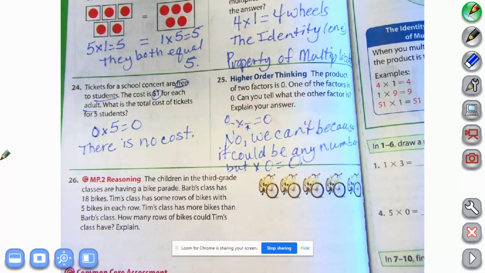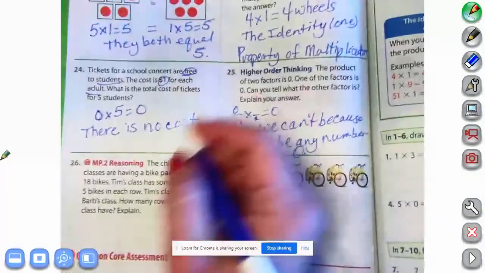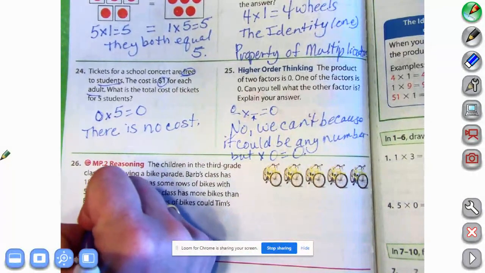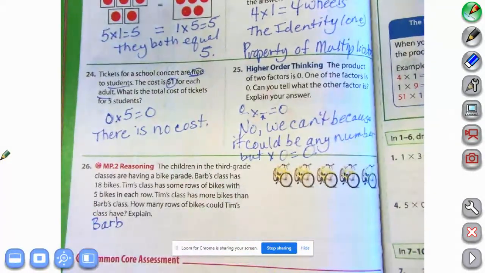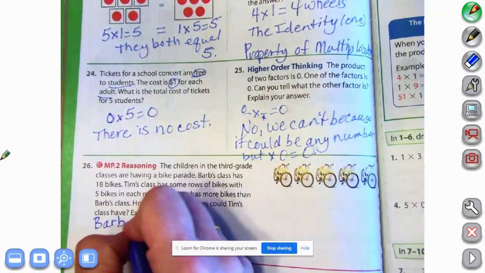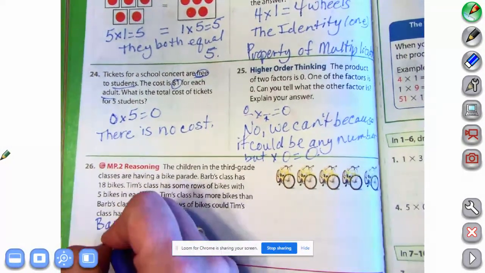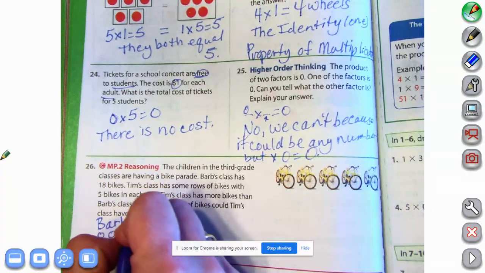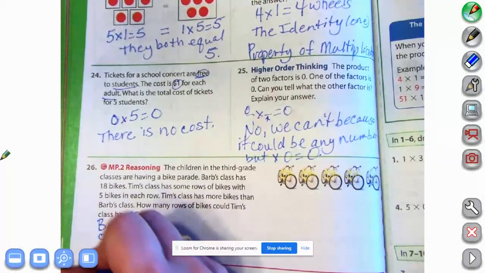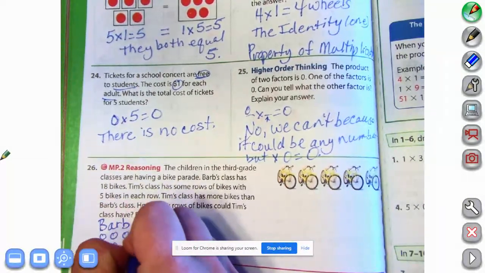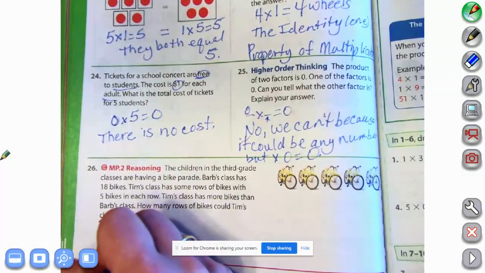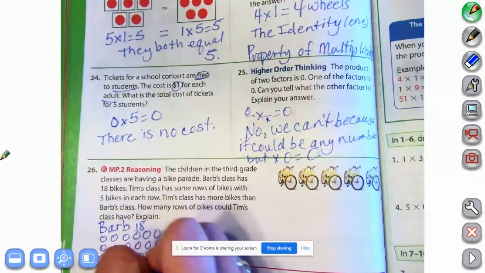All right, so let's look at Barb's class. We've got Barb over here, and she has 18 bikes. Okay, so we've got 1, 2, 3, 4, 5, 6, 7, 8, 9, 10, 11, 12, 13, 14, 15, 16, 17, 18.